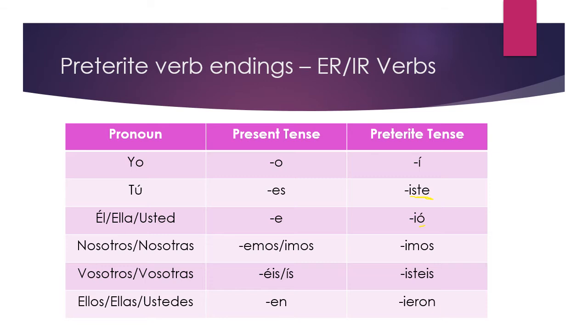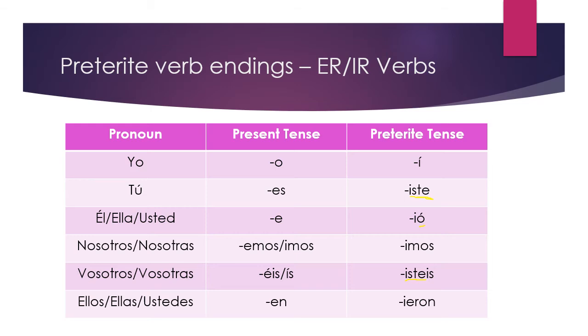In the present tense, there are 2 possible endings, éis and ís. But in the preterite, there's just one, isteis. You'll notice that just like the ar verb, it has the tú ending first and then an is, isteis. Okay, because it's kind of like multiple tús, vosotros.